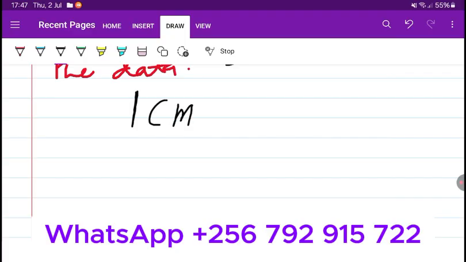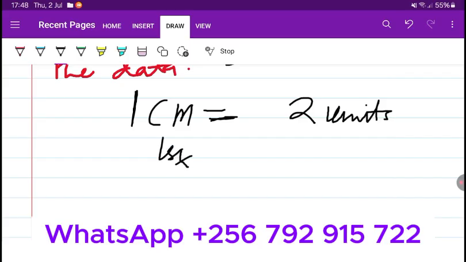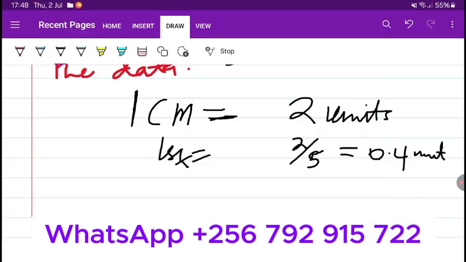We can just use 1 centimeter to represent maybe 2 units, such that 1 small square is equivalent to 2/5. And of course, we know that 2 over 5 is actually 0.4, meaning one small square is 0.4 units.